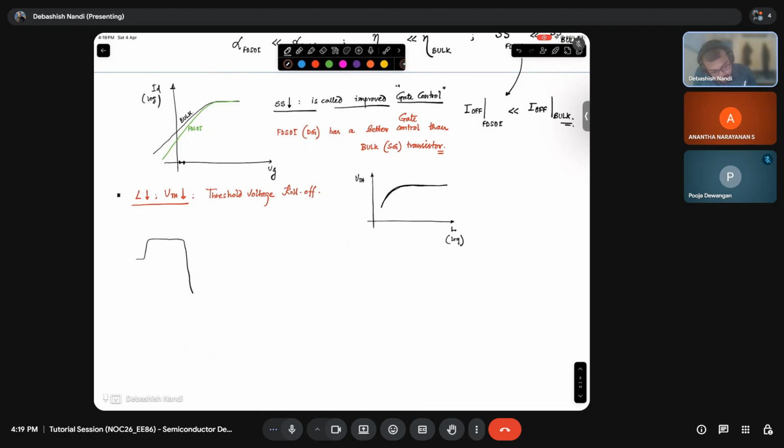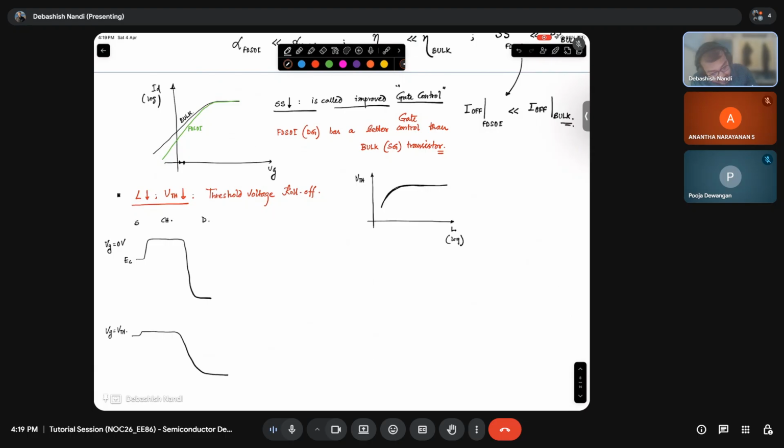So this is one case. Let's say VG equal to 0 volt, VG equal to VTH. This is EC, right? This is source, channel, drain.